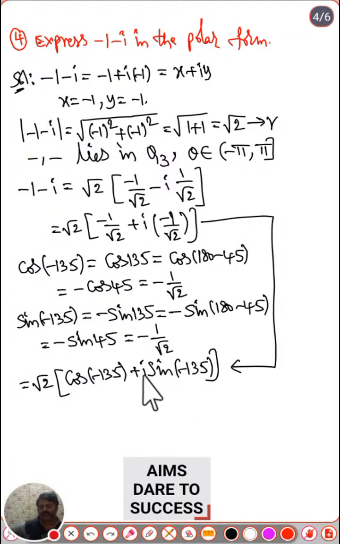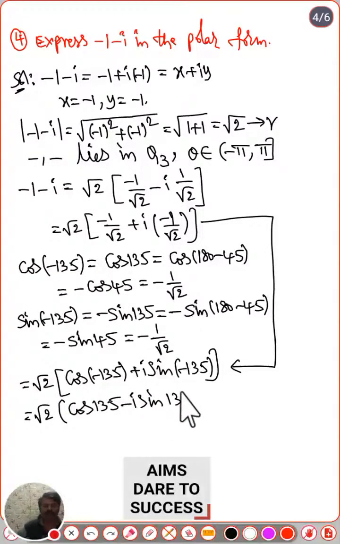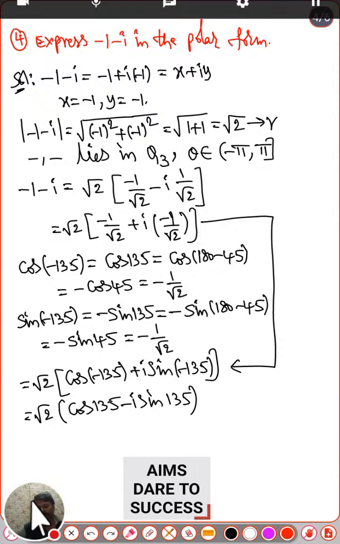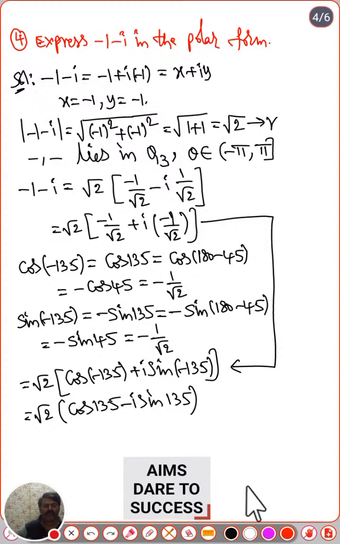So with the minus coming outside, you can write it like that also: root 2 into cos 135, since cos of minus 135 is cos 135, and sin of minus theta is minus sin theta, so the minus comes outside: minus i sin 135. You may write any one value. I hope you all are understanding clearly.